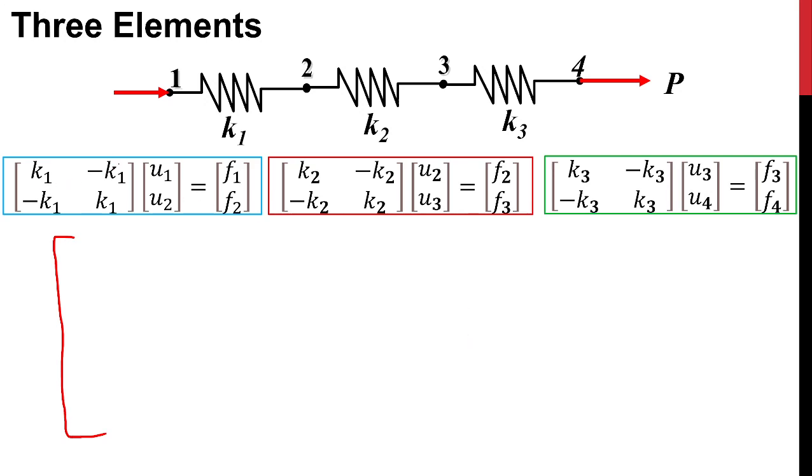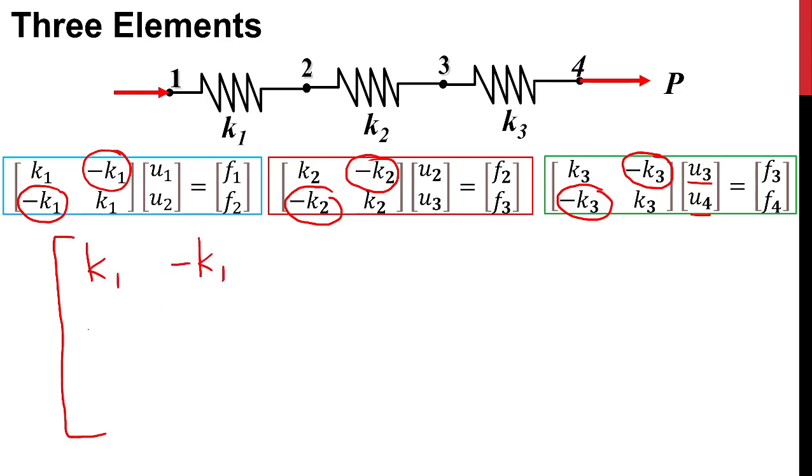Ini semua orang boleh ingat ni. Negatif K1, negatif K1, negatif K2, negatif K2. Semua orang boleh ingat. Negatif K3, negatif K3. Yang ni between U3 dan U4, sebab dia node 3 dengan node 4. Cuba kamu combinekan dia. Ingat balik. Dia akan jadi K1, negatif K1, negatif K1.